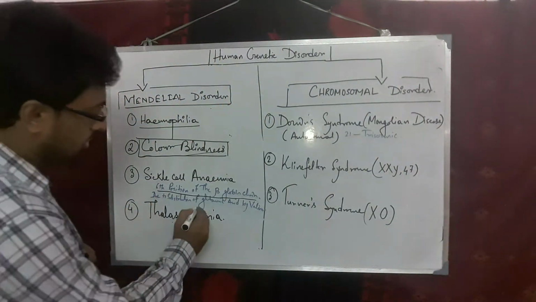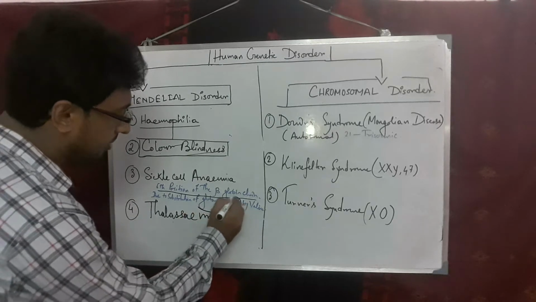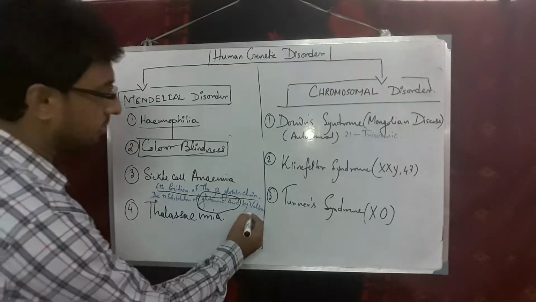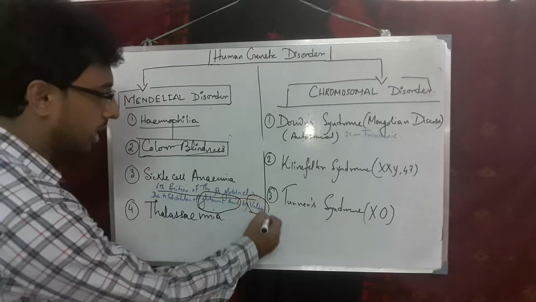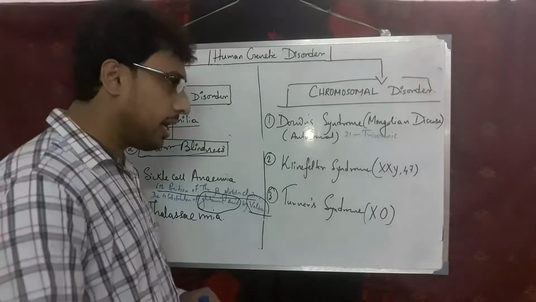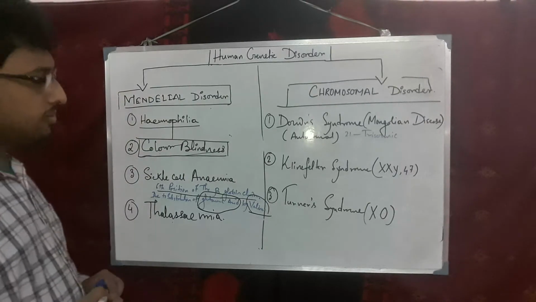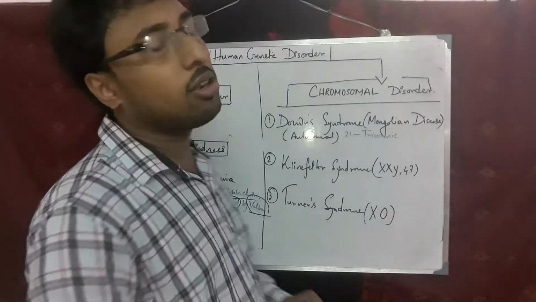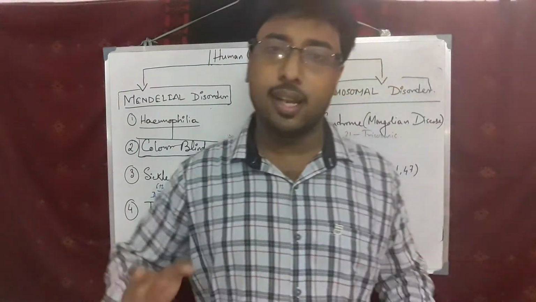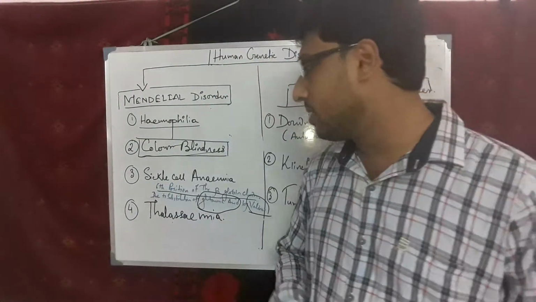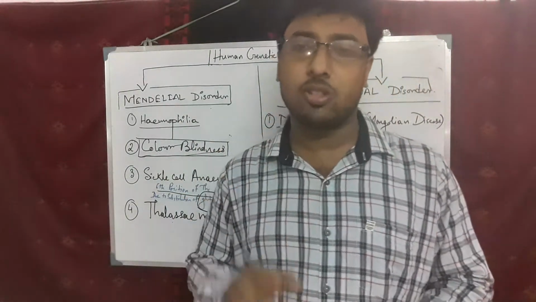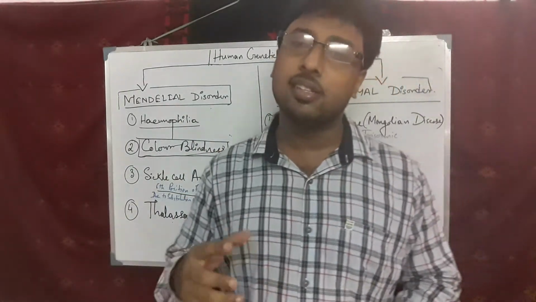In the sixth position of the beta globin chain, glutamic acid is normally present. But if glutamic acid is replaced by valine in the sixth position of the beta globin chain, then there will be the disease sickle cell anemia. In this disease, RBCs, which are normally biconcave in shape, will be in sickle shape.